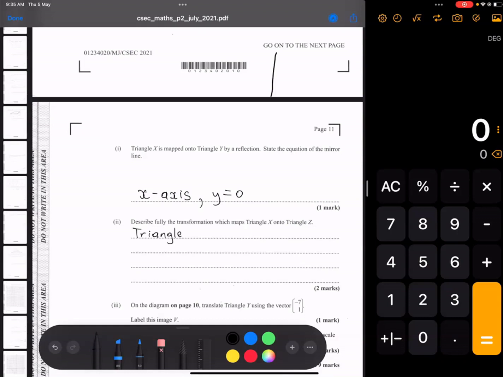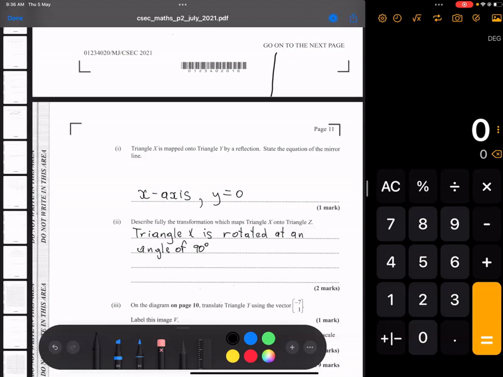So we write triangle X is rotated through an angle of 90 degrees. What else should we put?